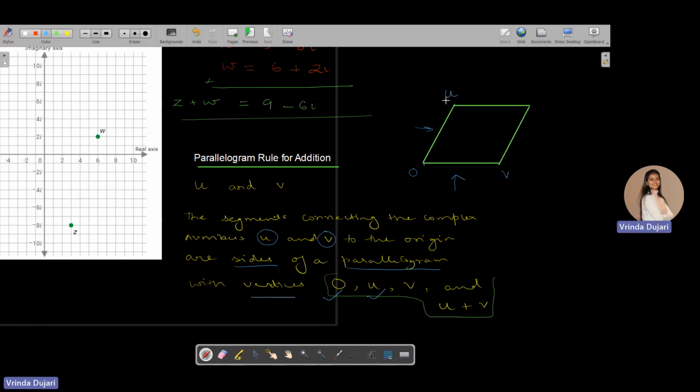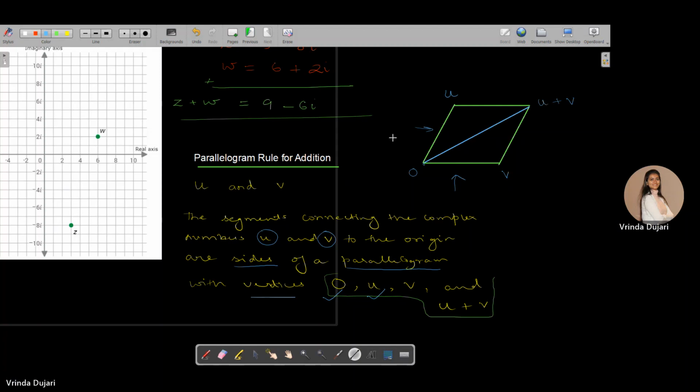The second vertex will be your u, which is the first complex number. The third vertex is v, which is the second complex number which you're adding. And the fourth vertex is your u plus v. Okay, and this is what you actually wanted to find out. If you notice carefully, this is nothing but the diagonal of this parallelogram.